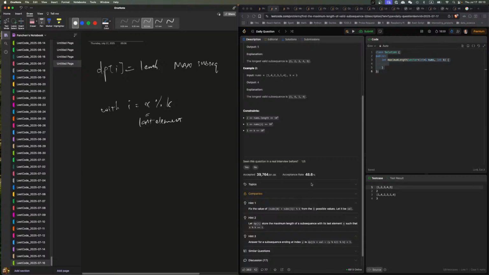So this is the relationship. So dp[y], index y, right? Answer for a subsequence ending at index y is, well, ending at index y, I can know why mod k.